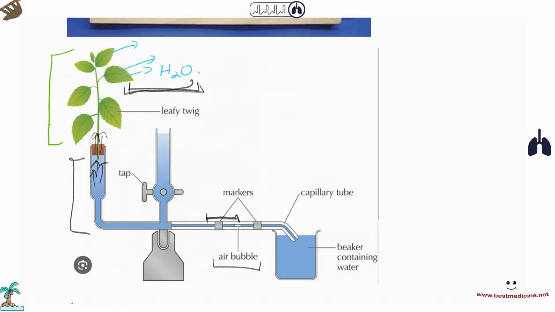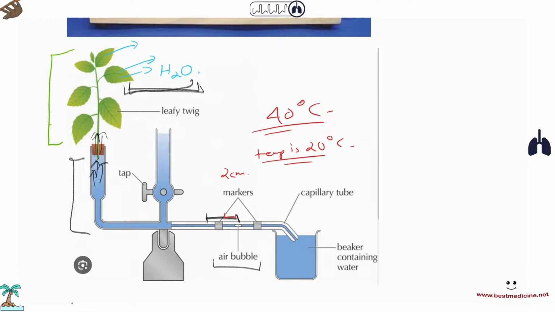Okay, so if the air bubble, for example, in 5 minutes, right, in 5 minutes it moves maybe 2 centimeters when the temperature is 20 degrees Celsius, and then we increase the temperature. Maybe we take the temperature to 40 degrees Celsius, and now maybe it moves 5 centimeters, right, to the left.